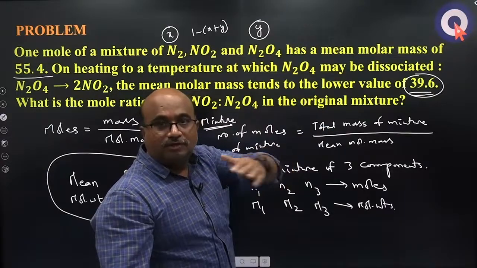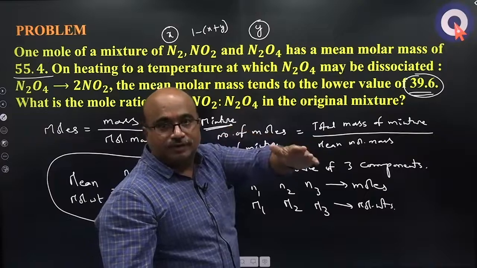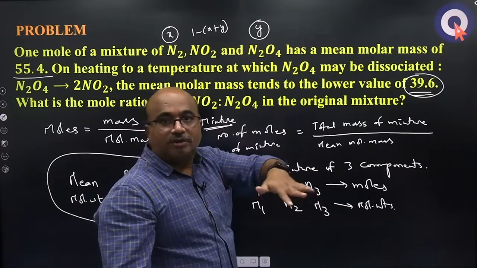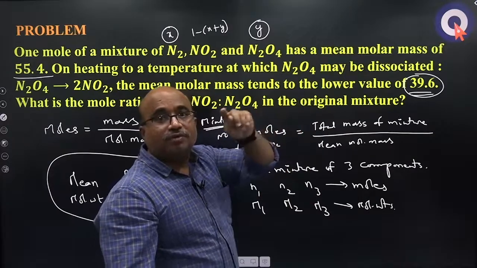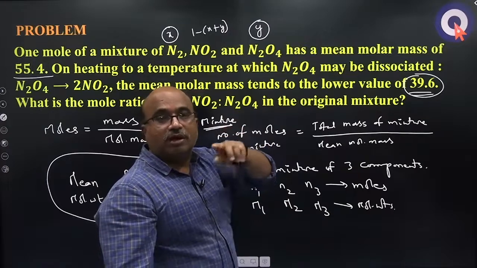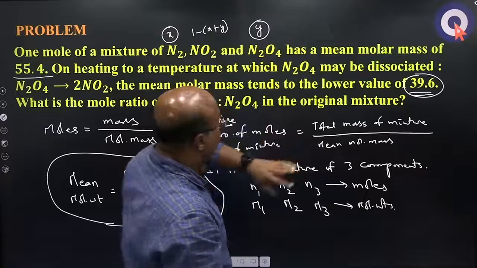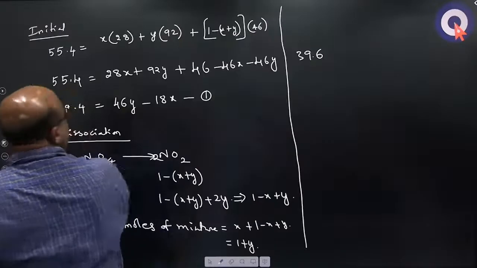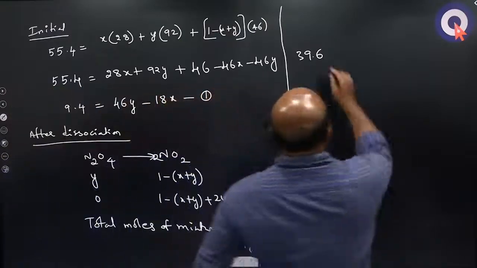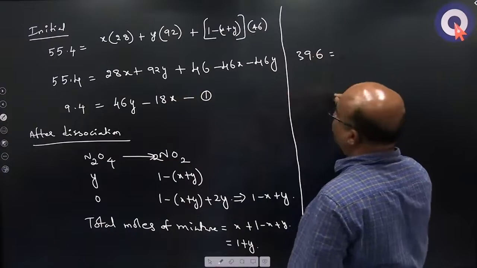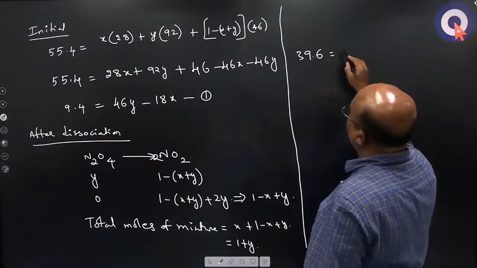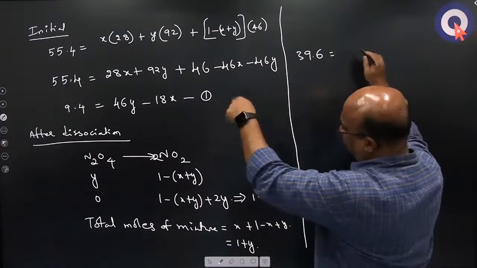Lowers to a value means it is finally coming to 39.6, whereas lowers a value means you have to subtract 39.6 from 55.4. Here it is lowers to 39.6. The total mass remains the same, so you can use the same relation.